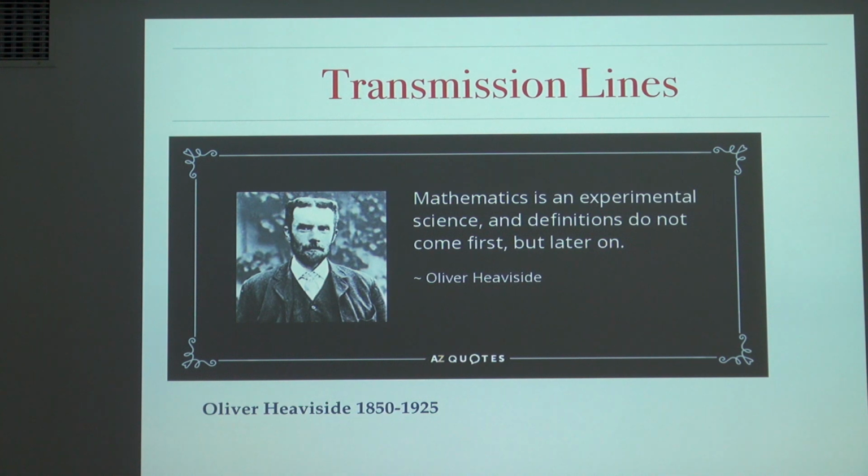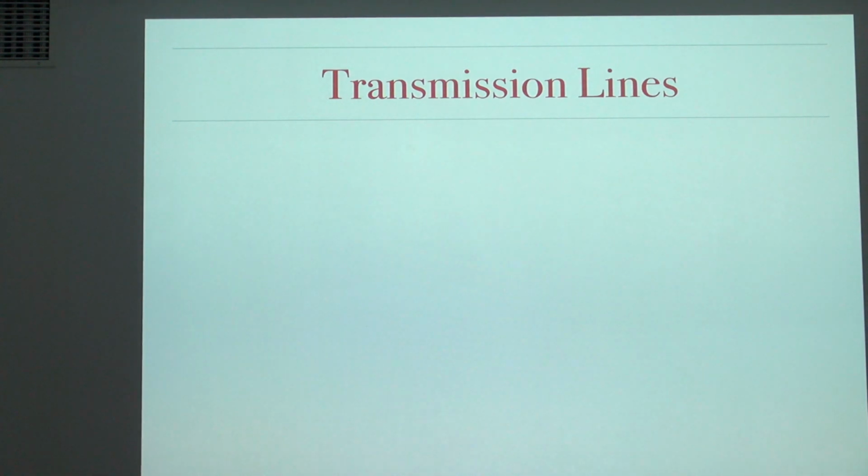There's a complicated story with him. Anyway, he is actually the first person who used the telegraph equation, which we discussed before, to describe the properties of electric transmission lines. So let's discuss the transmission line.